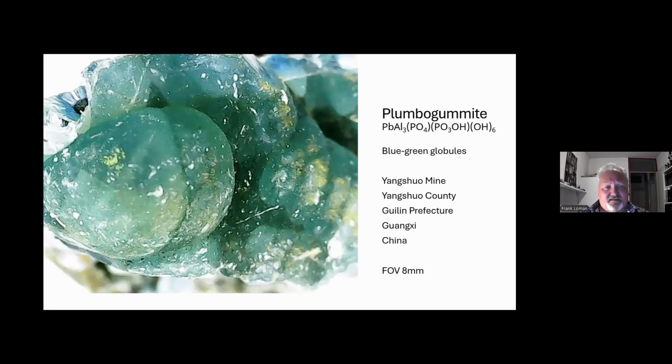Plumbogummite, well, as you can see, they are not actually spheres, they are globules. There are some other minerals in the picture, but I have no idea what they are. And this one comes from the Yangshuo mine in Guangxi in China.